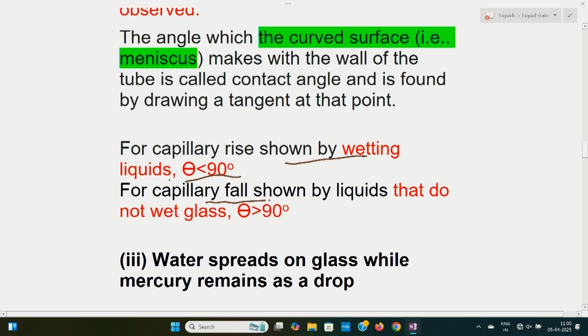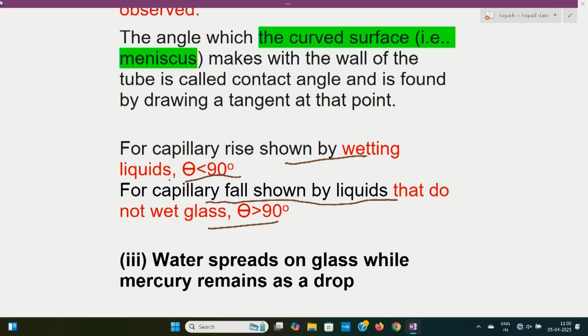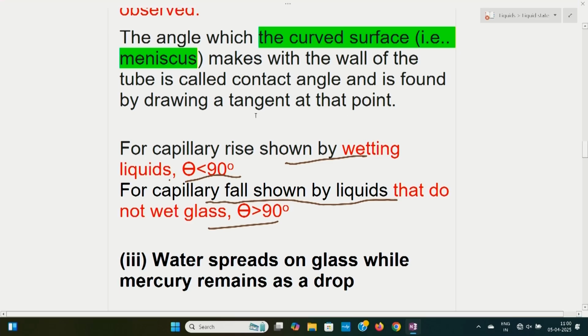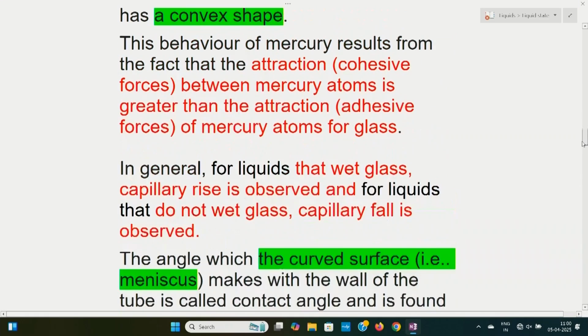For capillary fall shown by liquids that do not wet glass, theta will be greater than 90 degrees. That is when glass is in contact with mercury. Okay. This is about capillary action and meniscus formation.